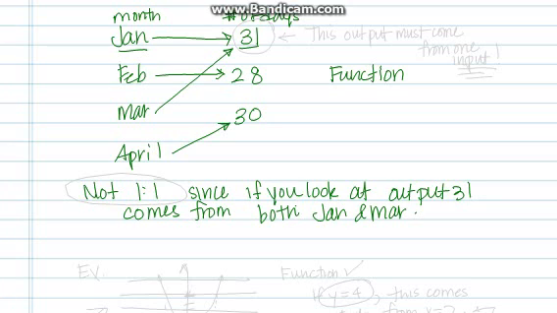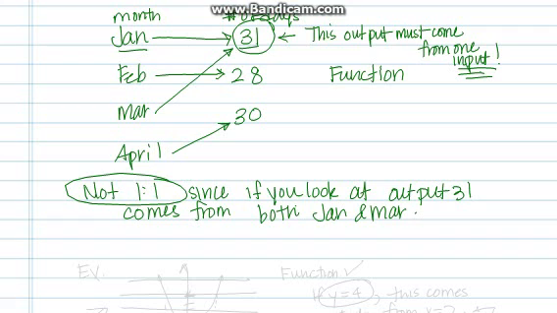So basically, you're looking at the range now and seeing where that came from. This element in our range, this output, needs to have only one input. Otherwise, it's not one-to-one.